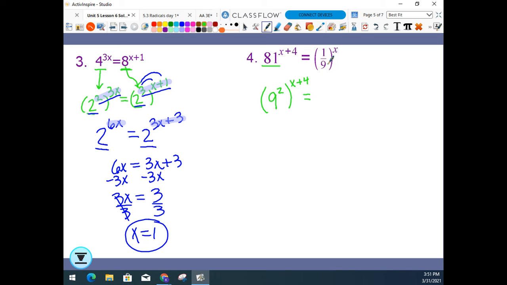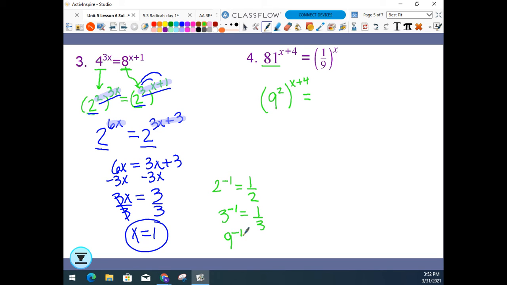Now, I want you to remember before when we were graphing, do you remember what 2 to the negative 1 equals? If it has a negative exponent, I need to put it under 1. 3 to the negative 1 is 1 over 3.